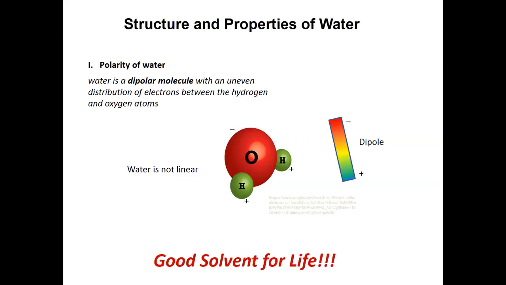Electrons being negative, this edge of the water, as you see here, is relatively negative. And the other pole is relatively positive, because there is much more electron density than the proton. So one edge of the water is negative, and the other edge is relatively positive. So that makes a dipole, like a battery, okay? You have a negative end, you have a positive end. So basically, that is the structure, these characteristics that really define the properties of the water. That's why water has all these other properties, as you see.